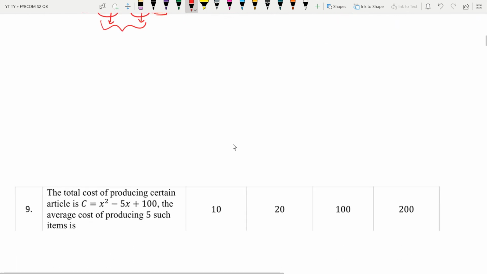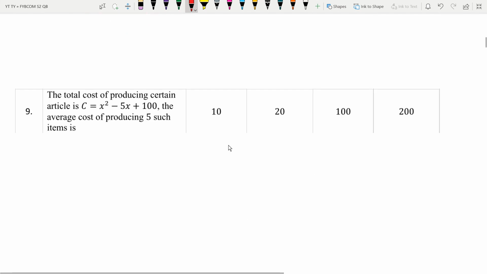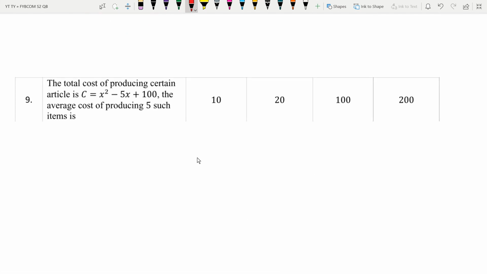Okay, so the total cost of production of a certain article is this, then the average cost of production of 5 such items is what? So they have given the total cost and they are asking for the average cost. What is the average cost? Average cost is nothing but cost divided by the number of units produced. So that is x square minus 5x plus 100 divided by x.